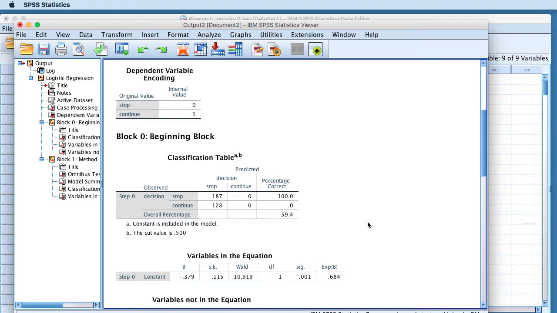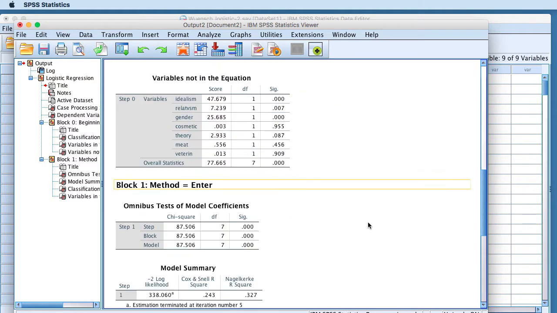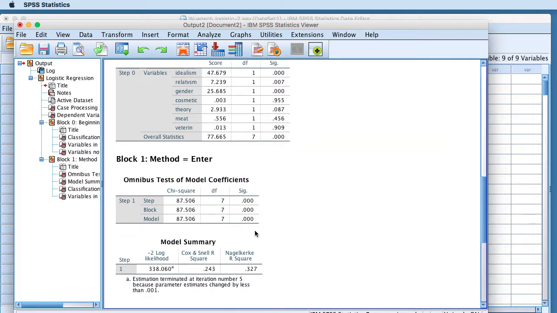So we want to see if we can improve that percentage correct of classifying whether students would make the decision to stop or continue based on the variables that we've added into the equation. And if we look here in this first block, we can see that if all variables are added into the equation, they do significantly predict whether students will make the decision to stop or continue the research.